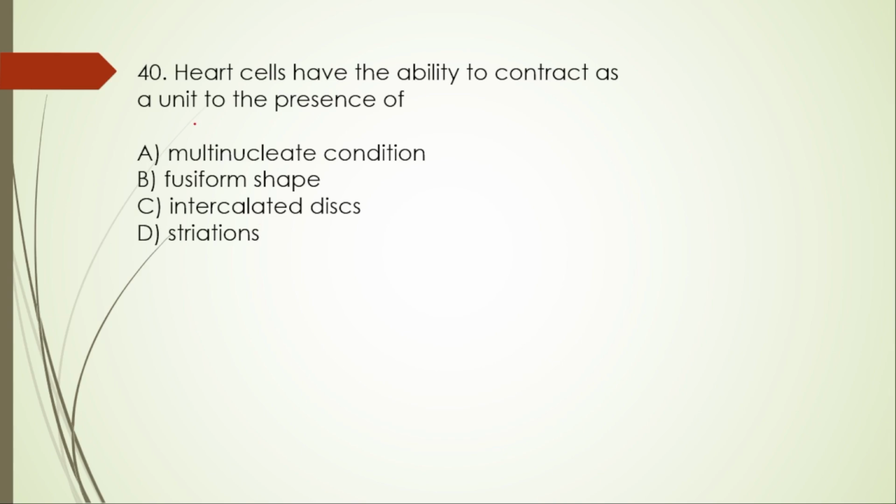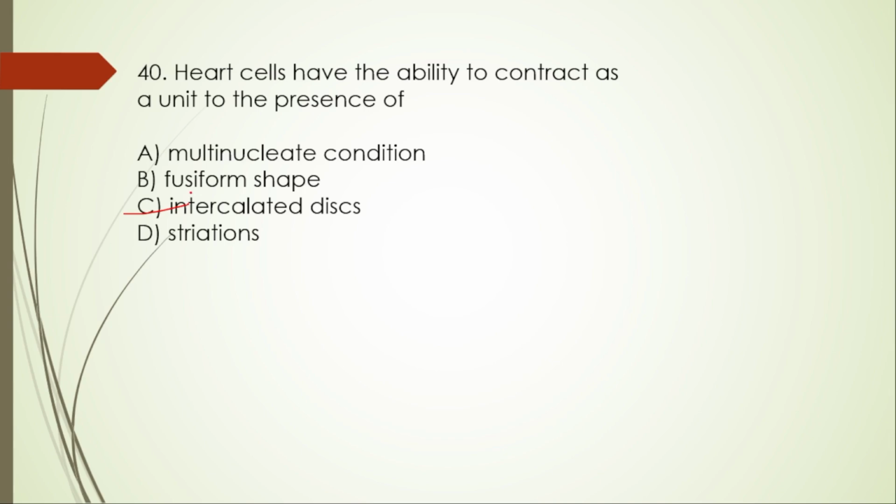So here it is due to what? Intercalated disc. They are specialized structures that connect individual cardiac muscle cells. They contain two vital components, that is gap junctions and then desmosomes.